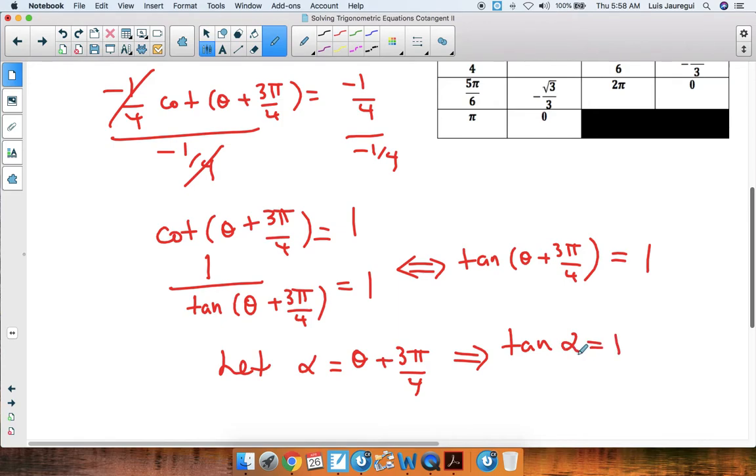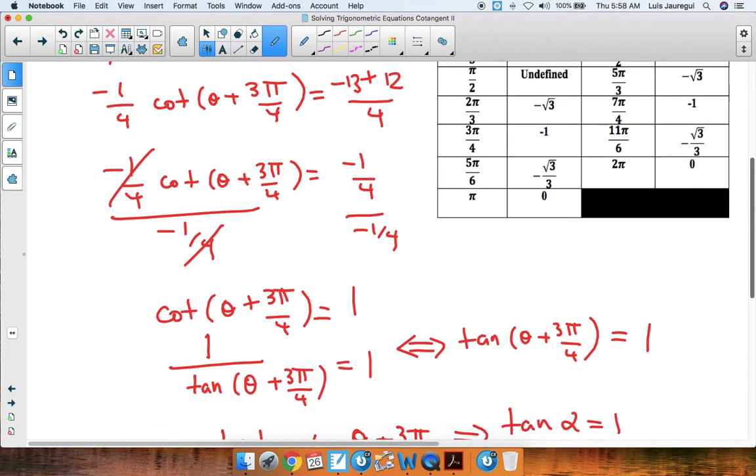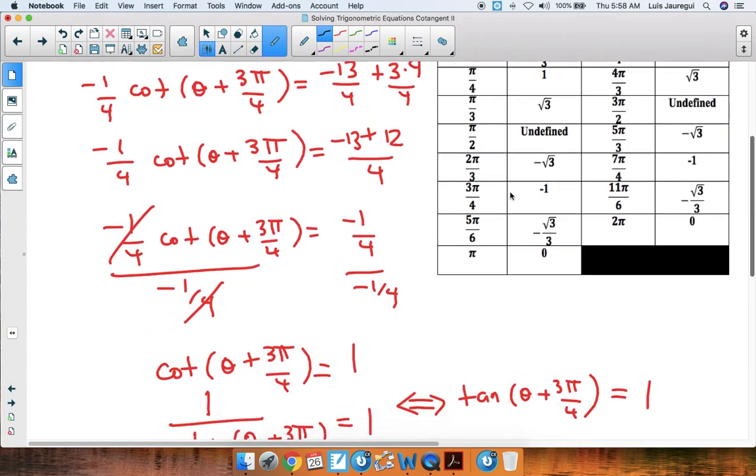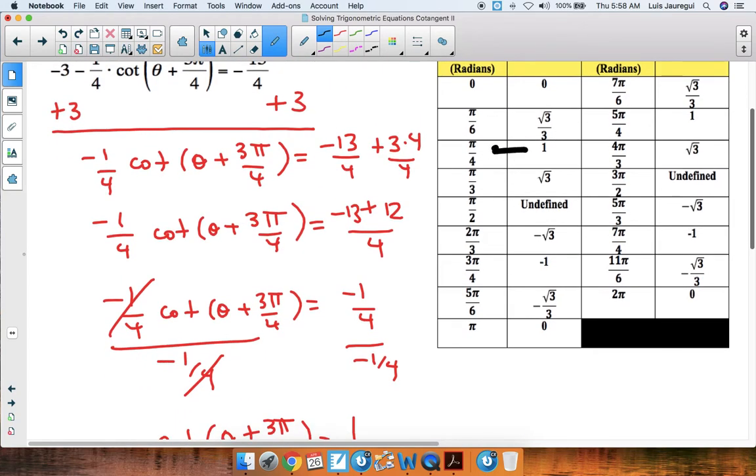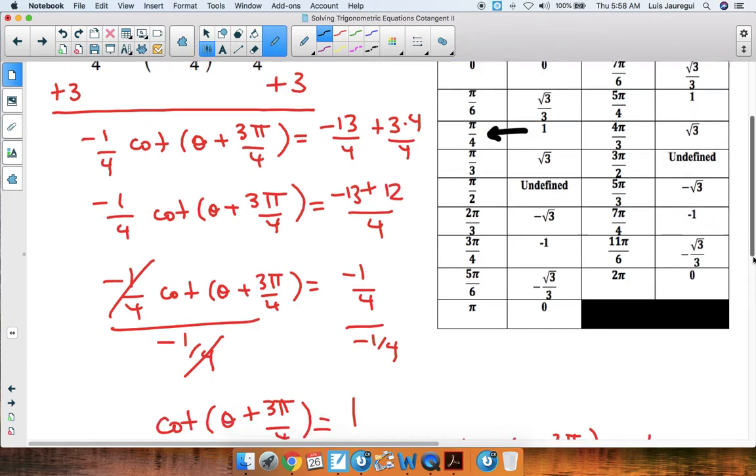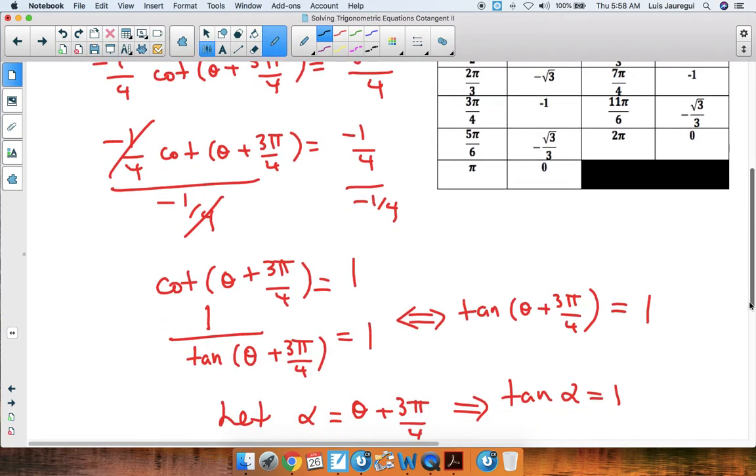Now, tangent has a period of pi. So let's find any angles between 0 and pi that will give you a tangent of 1. So let's take a look at the chart. Notice that that particular angle happens to be pi over 4. So we know that alpha is equal to pi over 4.